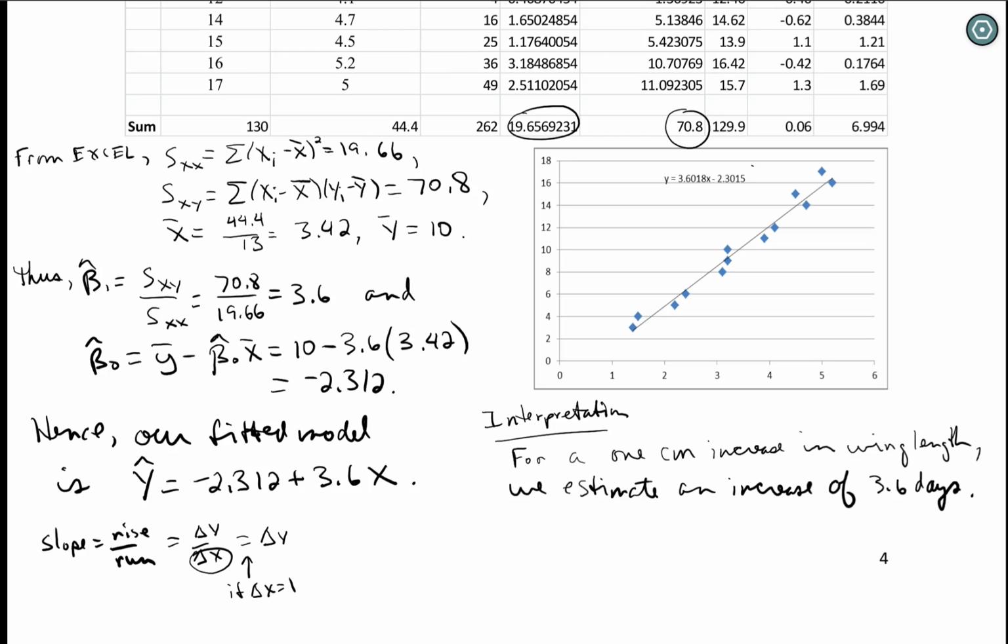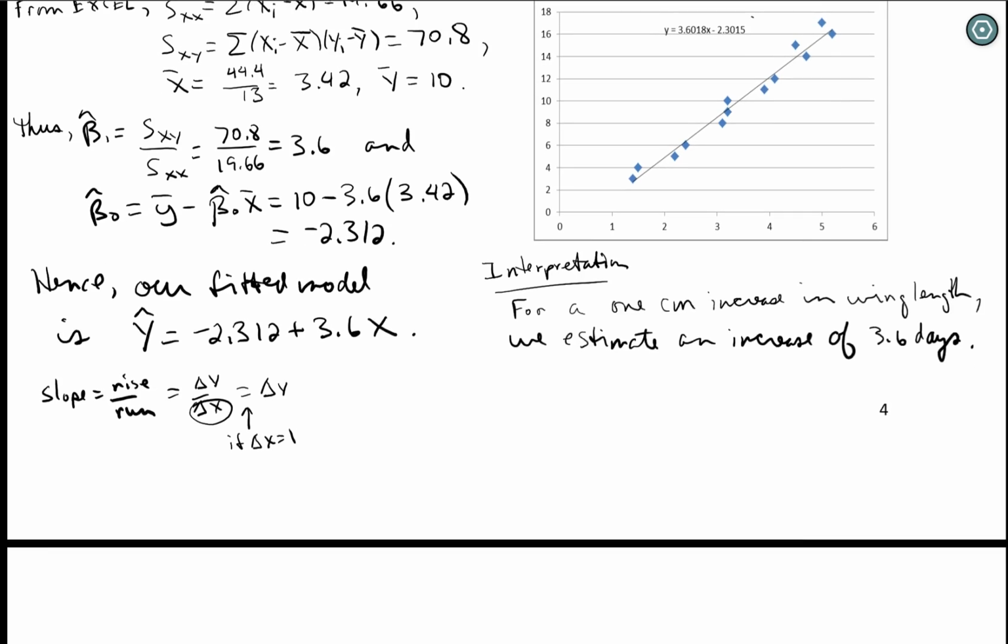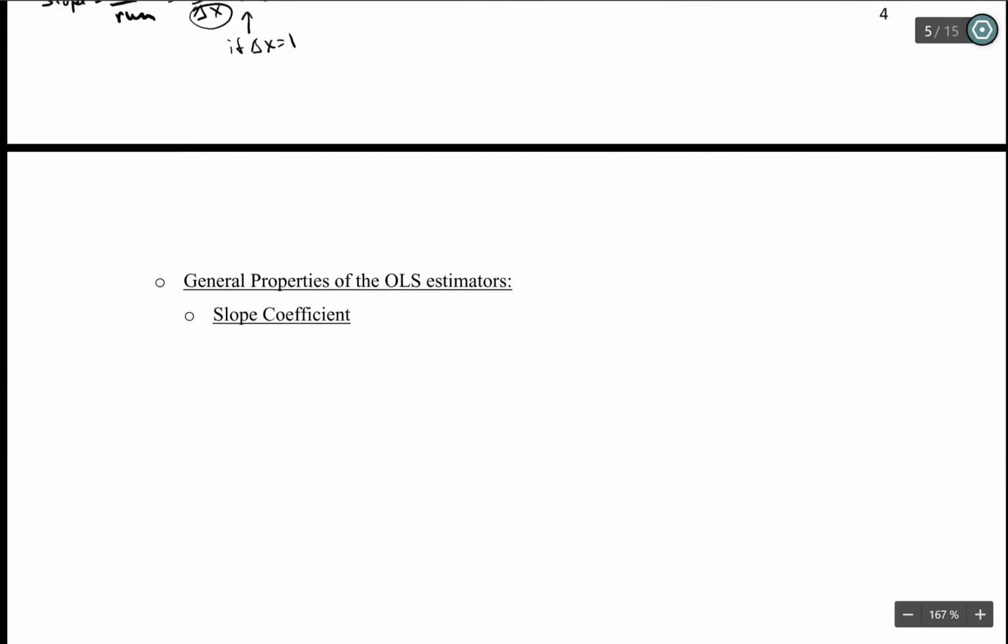Okay. All right. So this here is our motivation for simple linear regression and some basic ideas within it.